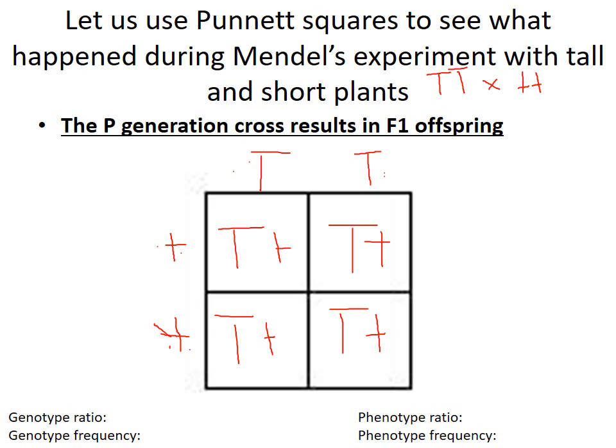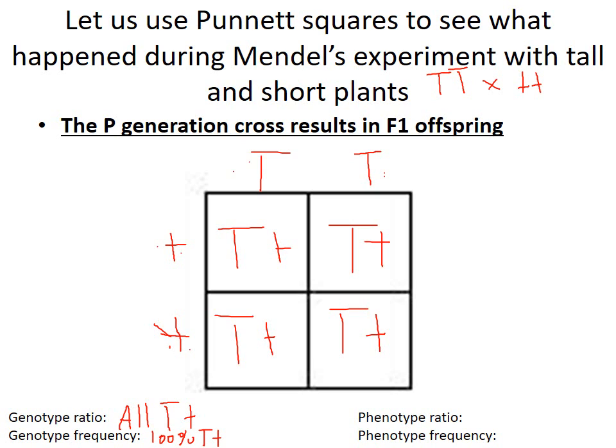If I were to ask you for the genotypic ratio, it's really difficult to make a ratio here because it's only one type. So you could say all big T, little t. The frequency, or the proportions, are a bit easier. You could say 100% big T, little t.